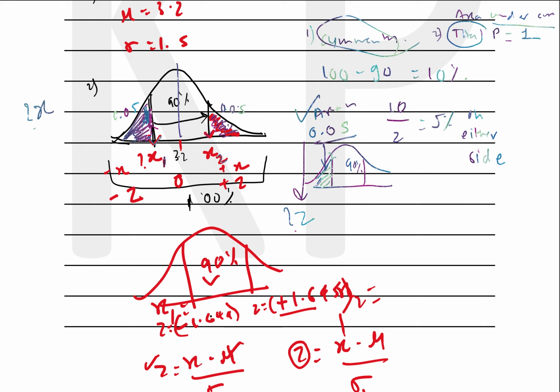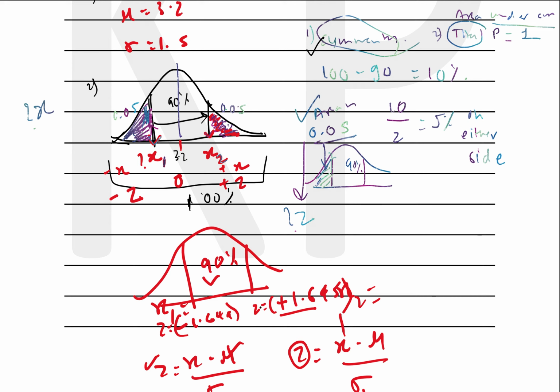So now we are going to make use of the symmetrical property to find this corresponding z value first before finding the x for the same, because you know that this area is going to be similar to this. I know it's not drawn exactly like that, but forgive my drawing. But you just understand these are the same area because these are the same 5% on either side.